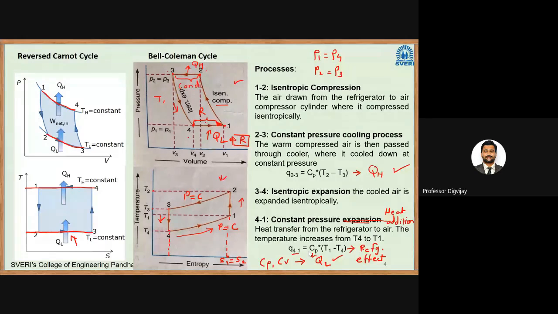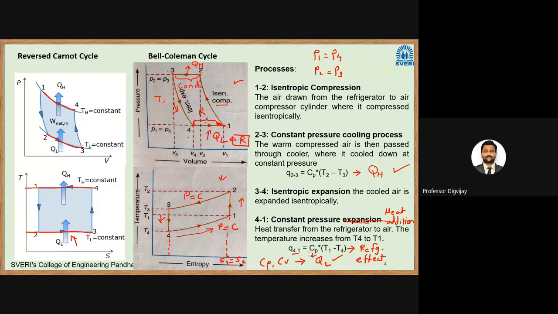Can anybody tell me what will be the COP? If I construct a refrigerator working on a Bell-Coleman cycle, what will be its COP? Anyone from you?